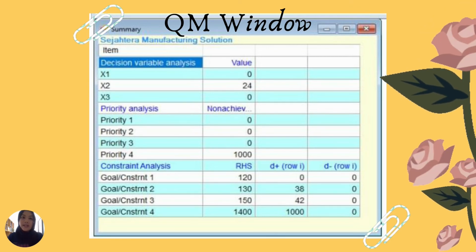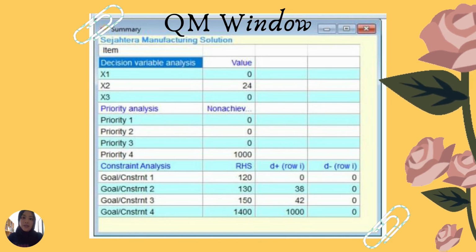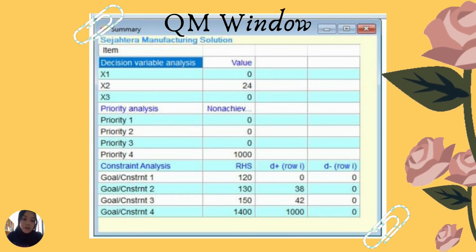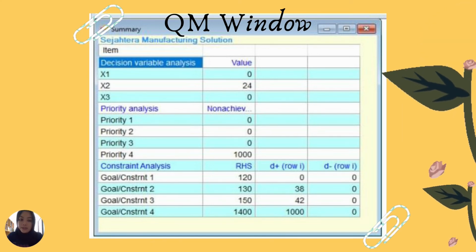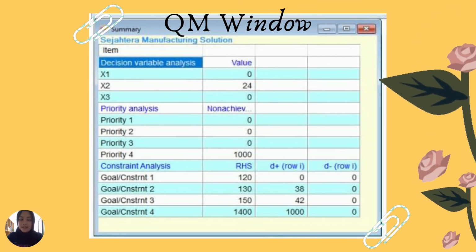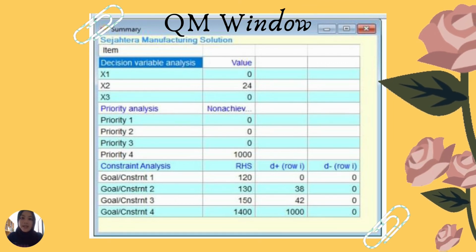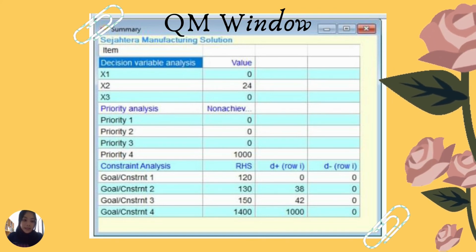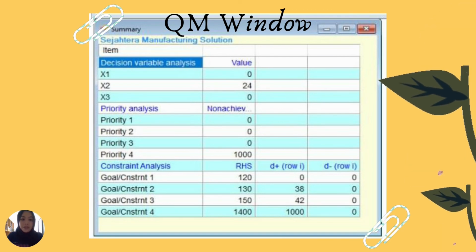If the value is greater than 0, it has been overachieved. For goal 1, or constraint 1, both the positive and negative deviation variables are 0, which means constraint 1 is fully achieved. But constraints 2, 3, and 4 are different.